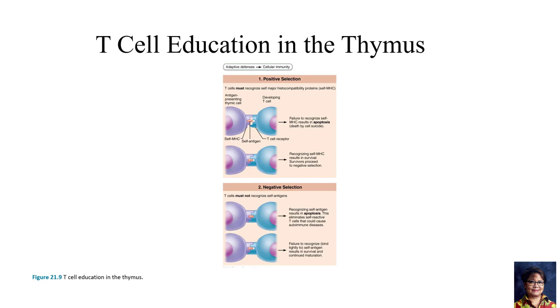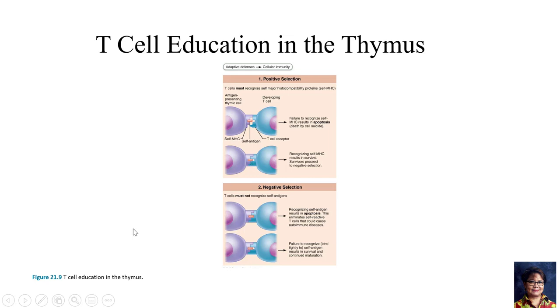Now, this is a very good instructional diagram of the positive selection. This will tell you that this antigen presenting cell coming from the thymus, and this is a developing T cell, recognizes the major histocompatibility complex, but it does not latch on to the self antigen.